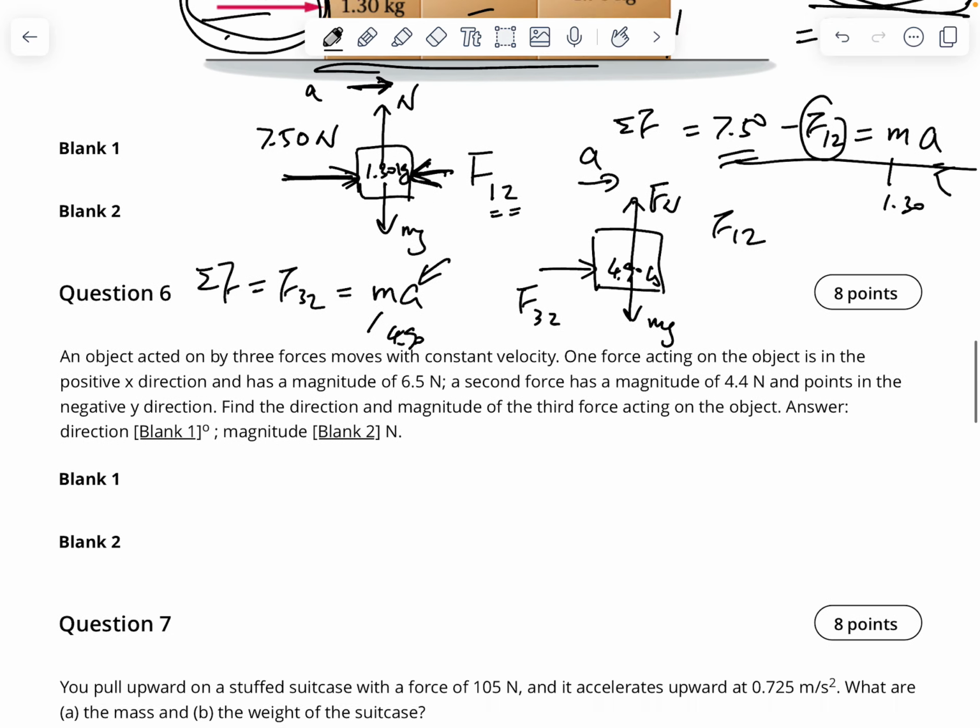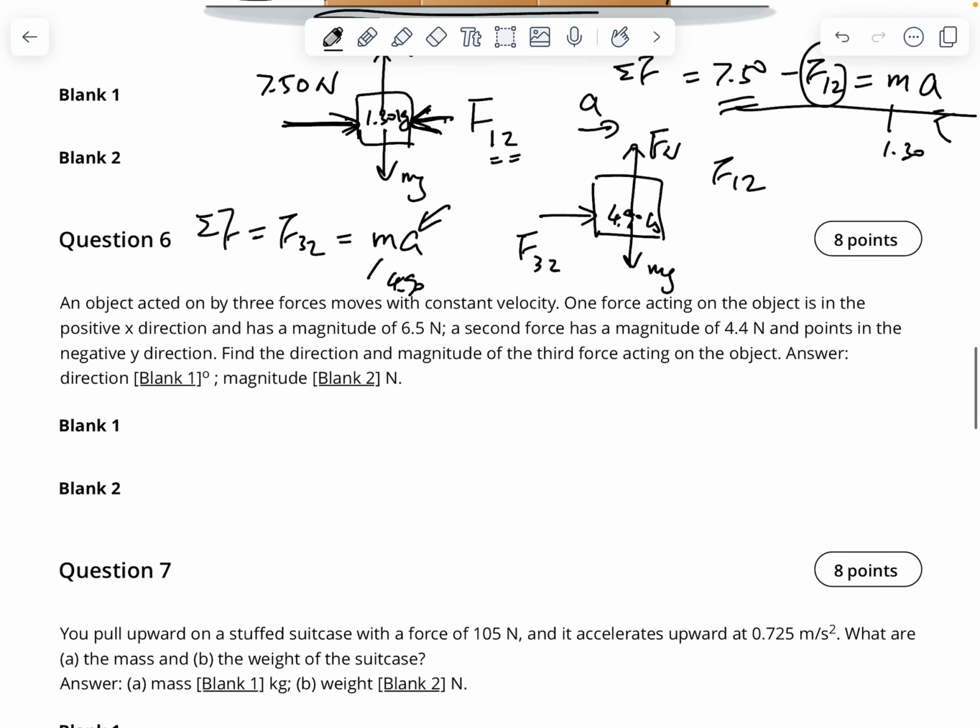So let's move to the next one. The next one is an object acted on by 3 forces moving with constant velocity. One force acting on the object is in the positive x direction and has magnitude 6.5 Newton, and also we know v equal to constant.